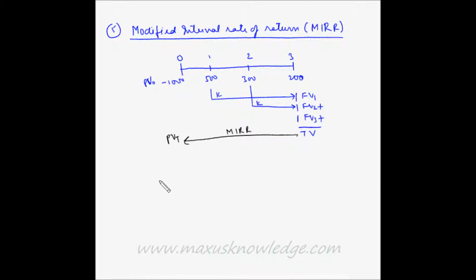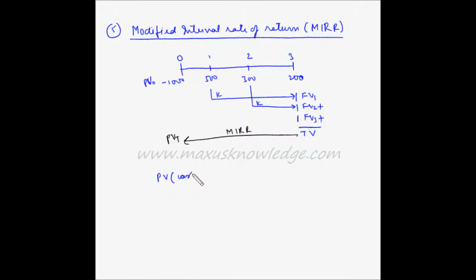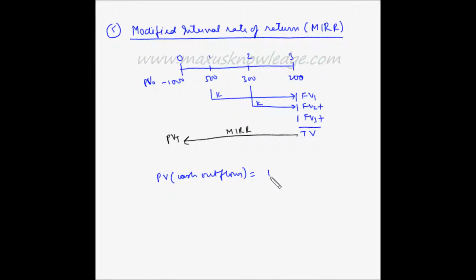So MIRR is the rate at which the present value of the cash outflows becomes equal to the present value of the terminal value of cash inflows.